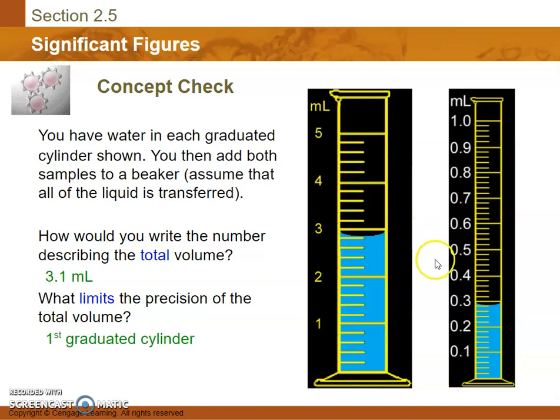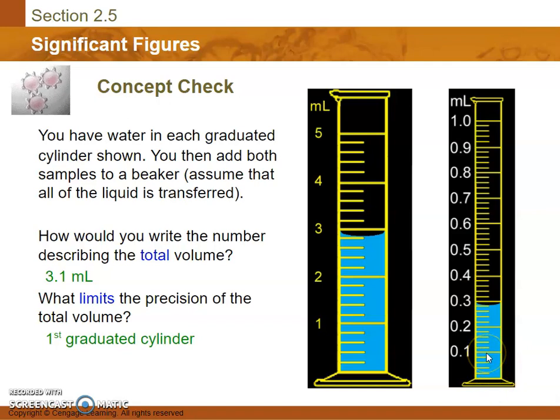So first we're going to determine how much water we have in our first graduated cylinder. Well, we have 2, 2.2, 2.4, 2.6, 2.8, and we're going to estimate our last digit, which looks to me like it's maybe 2.81. But that digit is uncertain. Then we're going to move over to graduated cylinder number 2.